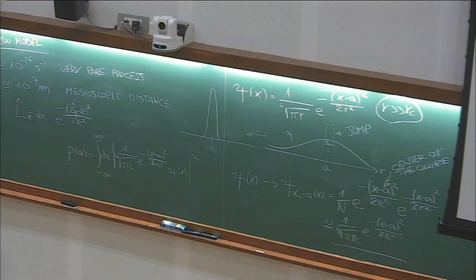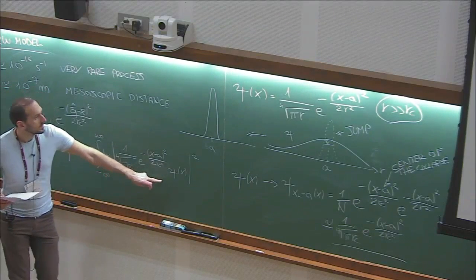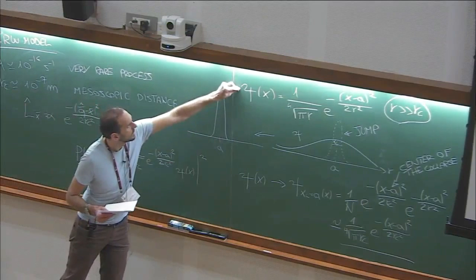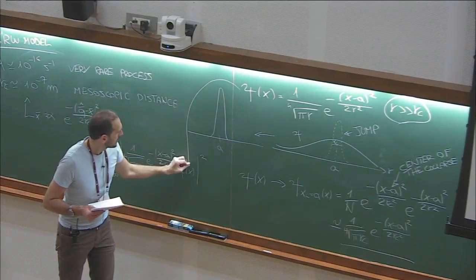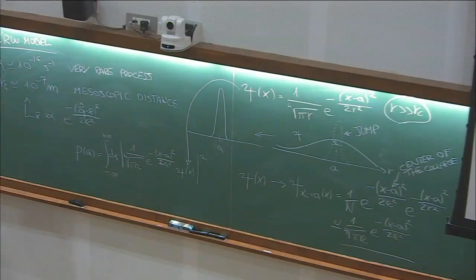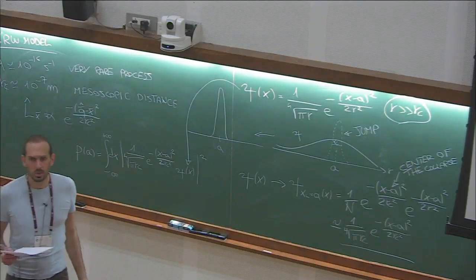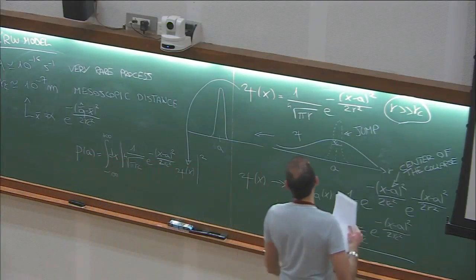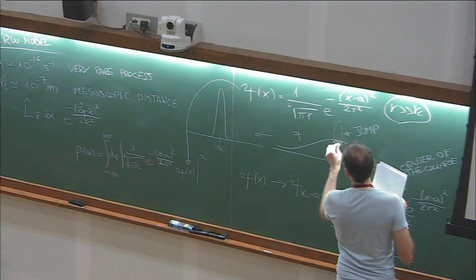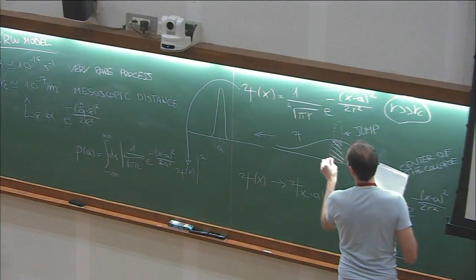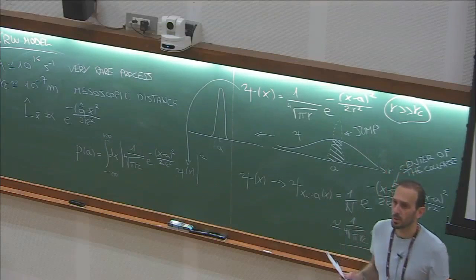Now you can even compute it here because our psi is Gaussian. It's the initial wave function, this one. And so you can even compute the integral. That's not difficult, but we are not interested here. We're interested not so much in the number, but in the moral. The moral is that you are basically computing the area below here.